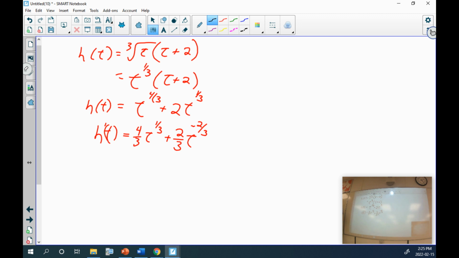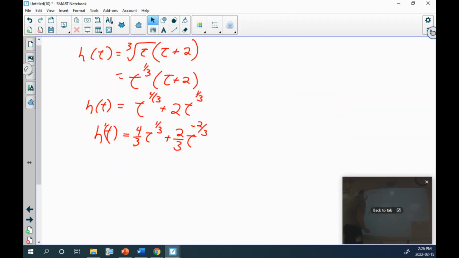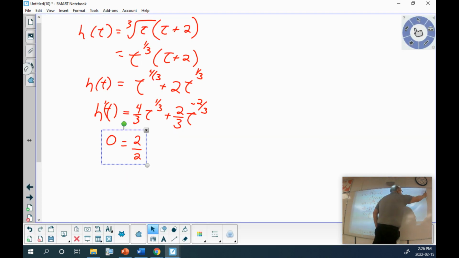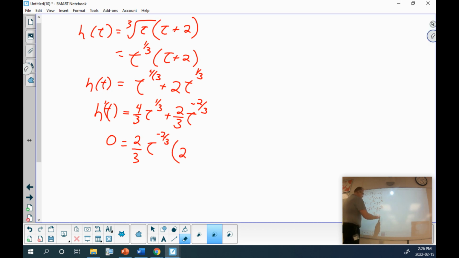where do the tangents of the original function have a slope of 0? So maybe I have it equal to 0. I'm going to take out 2/3 t to the -2/3, and that's going to leave me with 2t plus 1.